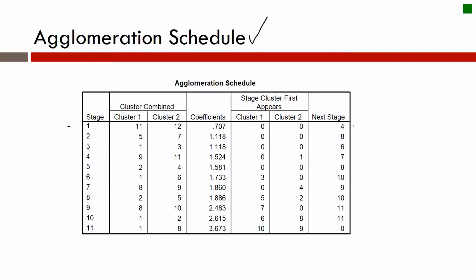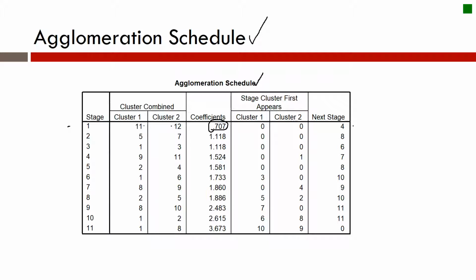At stage 1, this schedule uses the nearest neighbor approach: analyzing the data, observations 11 and 12 were found to have the smallest distance among the variables entered, so they grouped together to form their own cluster.